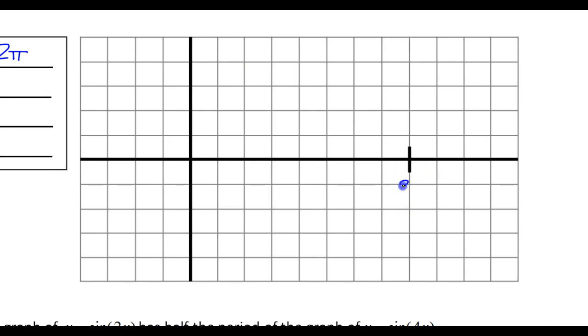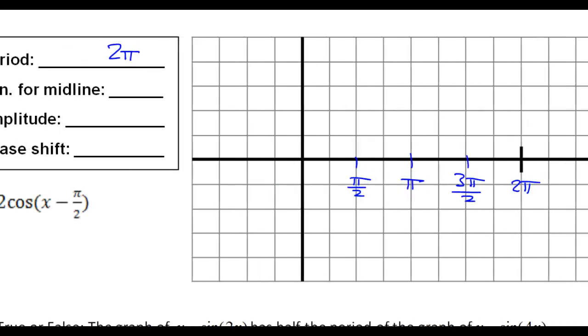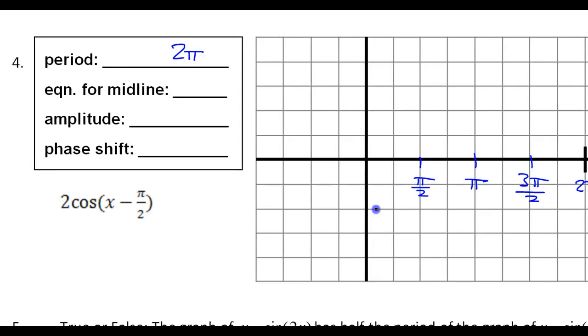So that means, let's go ahead and put 2 pi right here. That means this will just be pi, and this will be pi over 2, and that makes this 3 pi over 2. Now, let's label the y-axis as well. 1, 2, 3, 4, 5, -1, -2, -3, -4, -5.